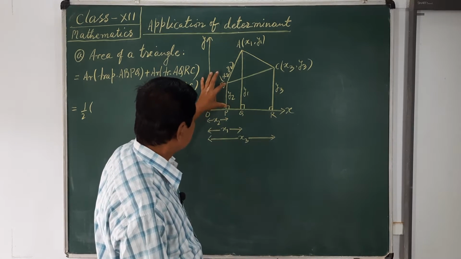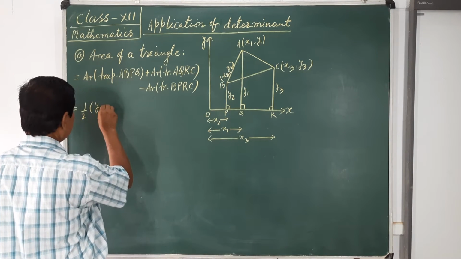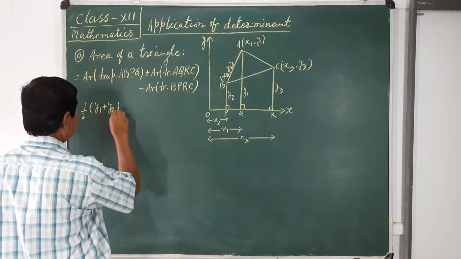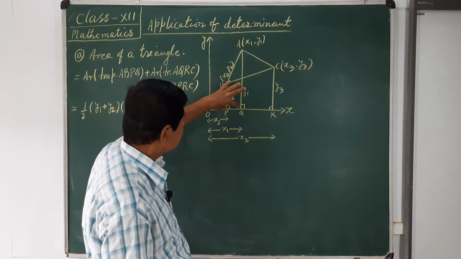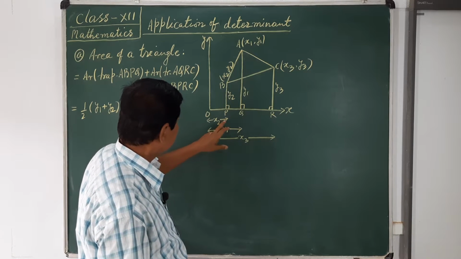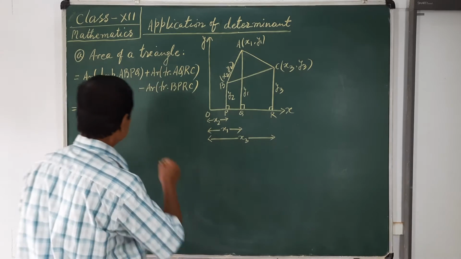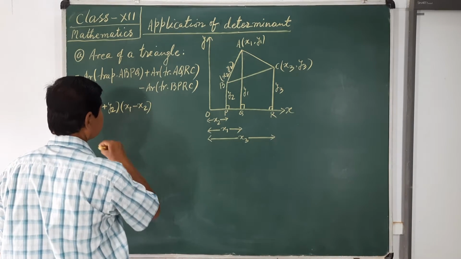So, sum of the parallel sides is y1 plus y2, and the perpendicular distance PQ is x1 minus x2.